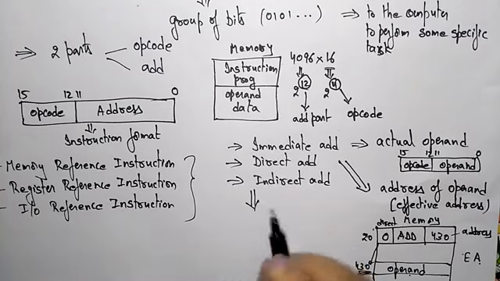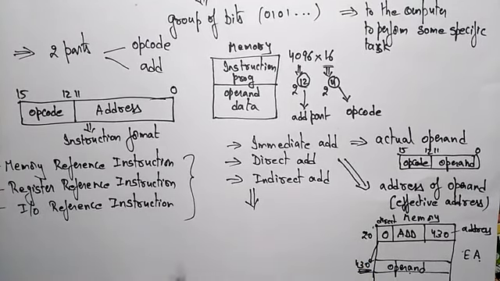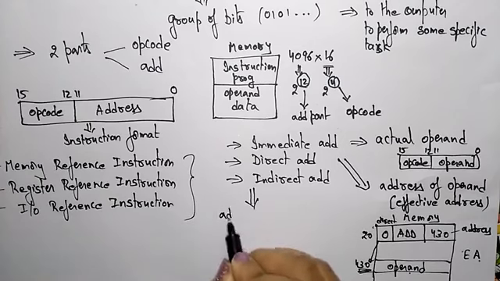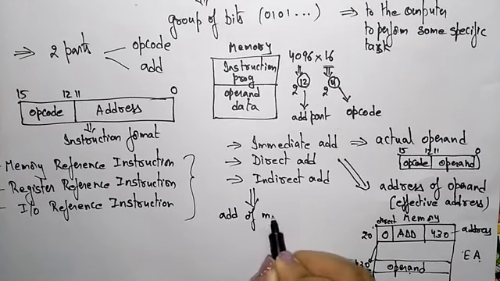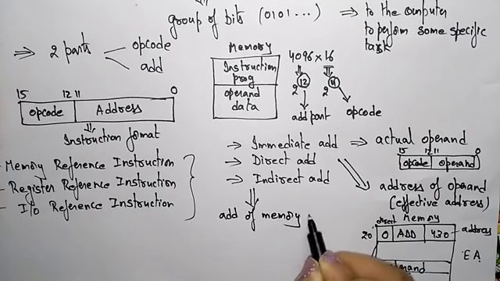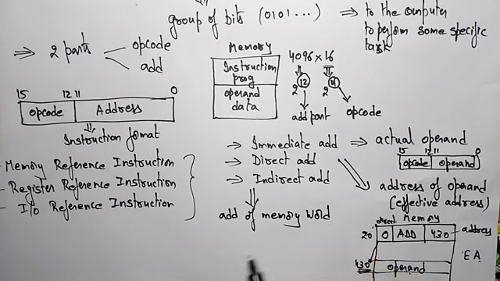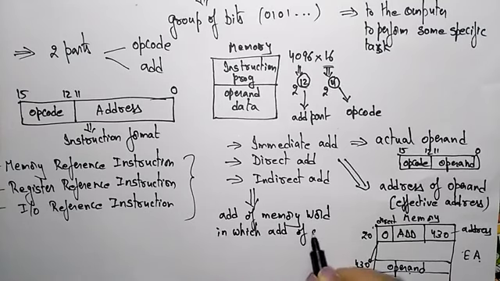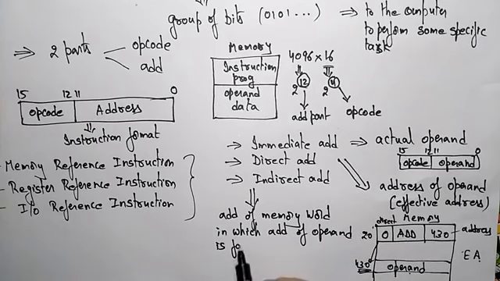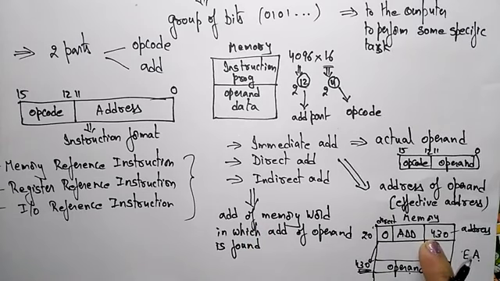Now coming to indirect addressing. Indirect addressing specifies the address of a memory word in which the address of the operand is found. First it holds the address of the memory word, and in that memory word the address of the operand is present.